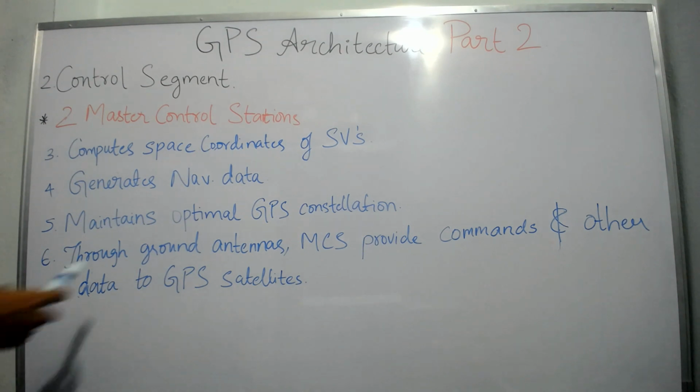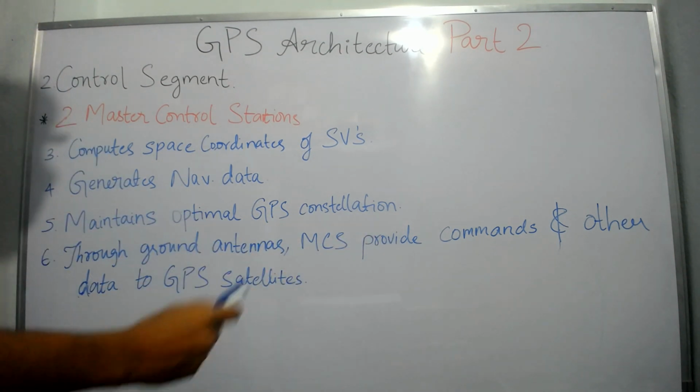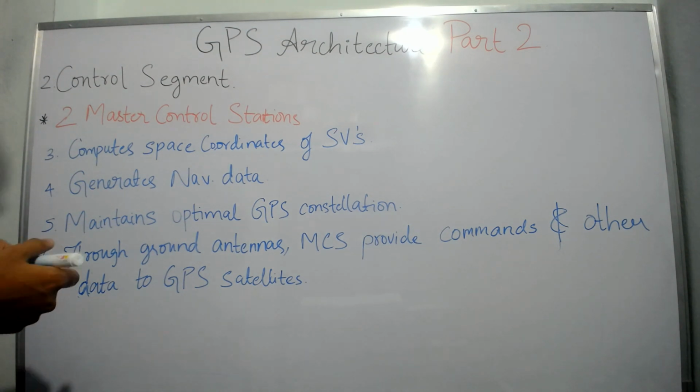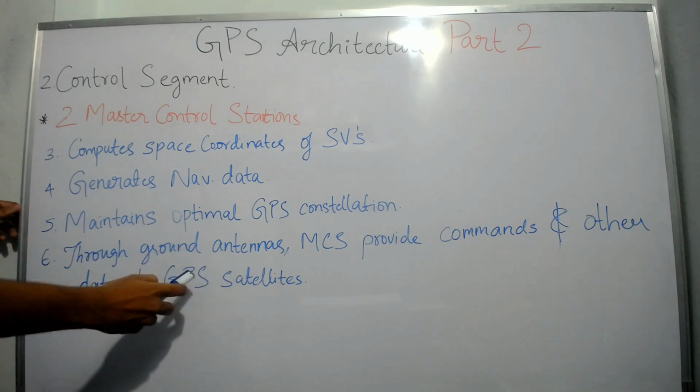With the help of ground antennas, the master control station provides commands and other data to the GPS satellites. It also provides the navigation message and keeps control with the help of ground antennas.